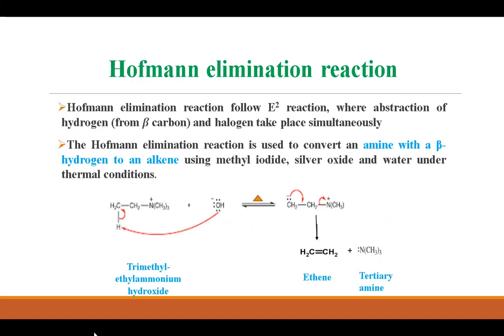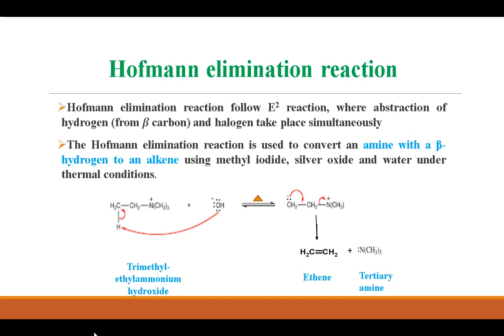Hofmann elimination reaction. Like Zaitsev elimination reaction, this reaction also follows E2 reaction, where abstraction of hydrogen and halogen take place simultaneously. The Hofmann elimination reaction is used to convert an amine with a beta hydrogen to an alkene, using methyl iodide, silver oxide, and water under thermal conditions.